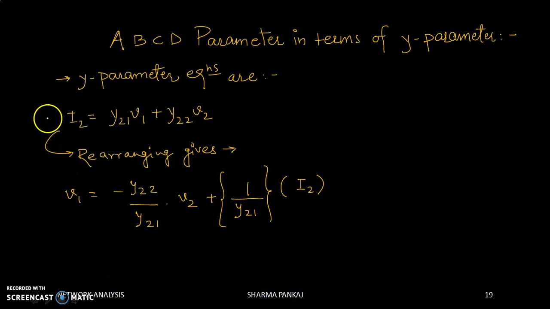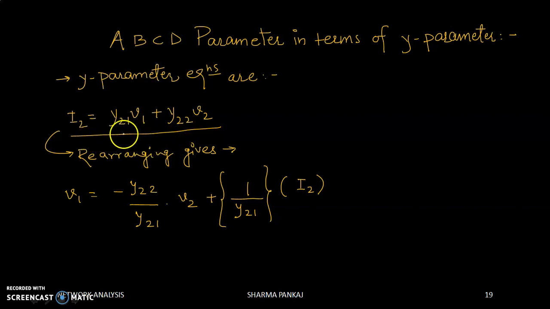You must be remembering, I2 is equal to Y21 V1 plus Y22 V2. We are going to rearrange this equation, nothing logical here, just rearranging to match the pattern of the equations of ABCD parameters.